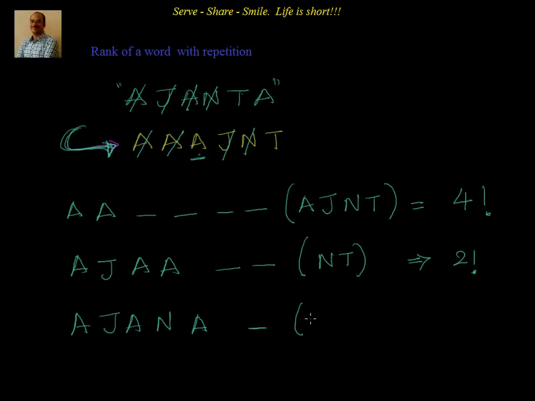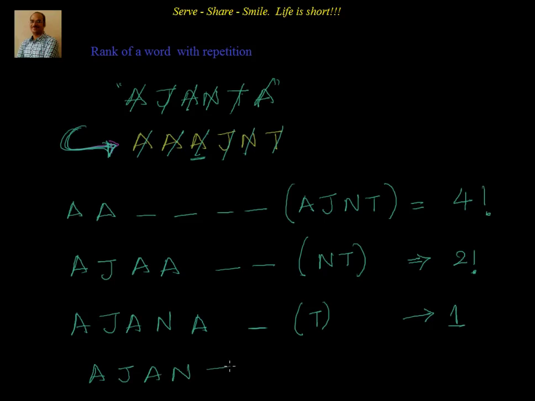5 are over, only one is left out, that is T, or you can say the word itself is AJANAT, which is 1. And the last one is after AJANA I go to T. T I need, so I will go and cut it off. Again I go back to the starting point, I find out A. So that's nothing but our rank of the word Ajanta.